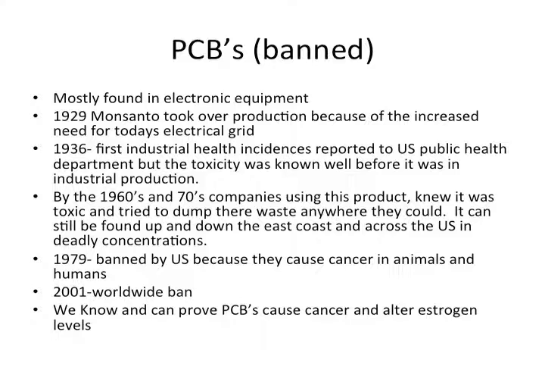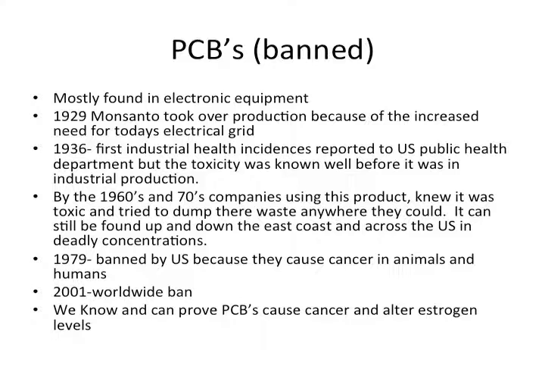People knew that there were harmful effects well before that, but it was just kind of like, well, we're not using the chemical, so there's no harmful effects. Give it another 25 years or so, and in the 1960s and 70s, the companies that were using this chemical started saying, crap, this chemical is very harmful, and we have no way to get rid of it.